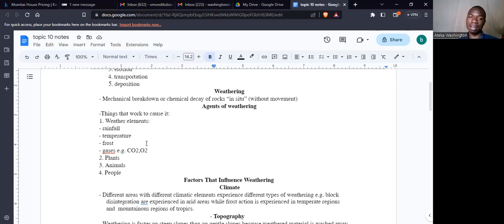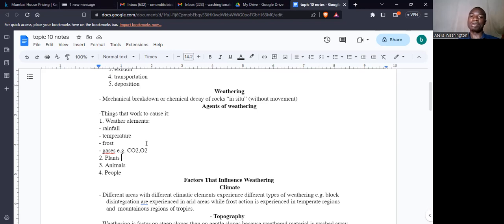What causes these rocks to fracture or decay? That brings us to the agents of weathering. Agents are the forces that cause these rocks to decay, to fracture without movement.